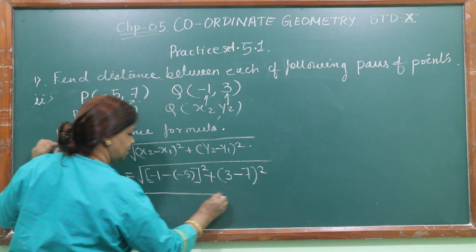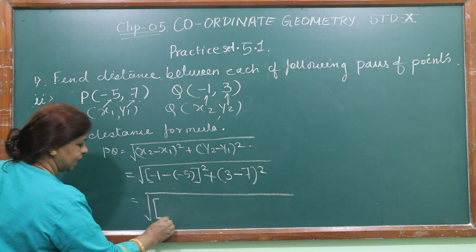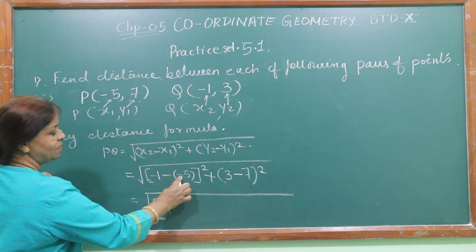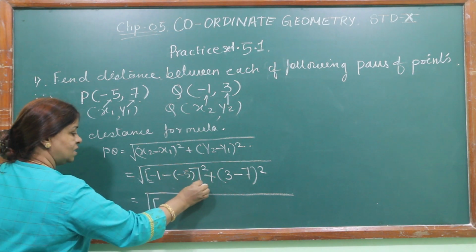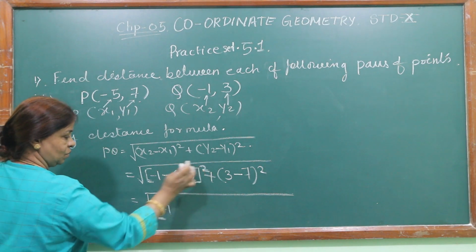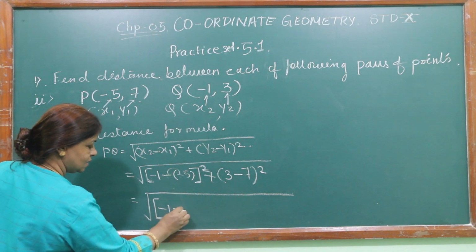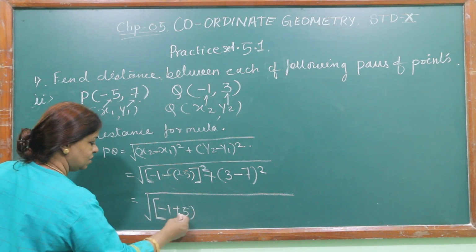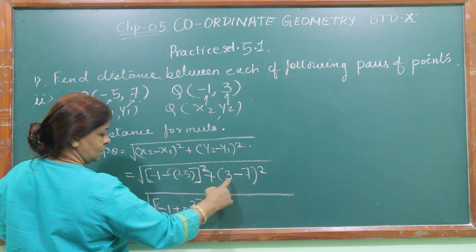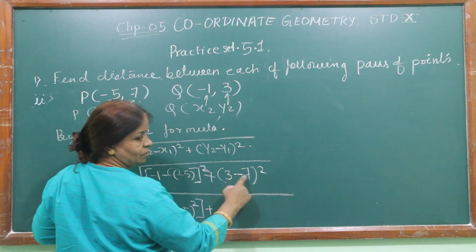Now see, children, this one is to be solved very nicely. Bracket, square bracket, minus 1. Minus, minus will become plus. Minus 1 I wrote, and then minus minus will become plus 5 and the whole square. Plus 3 minus 7. 1 is plus, 1 is minus, so it will be subtracted.